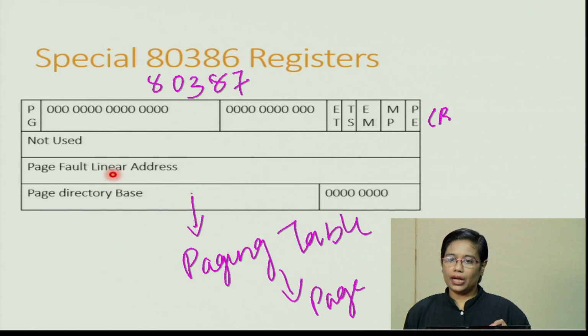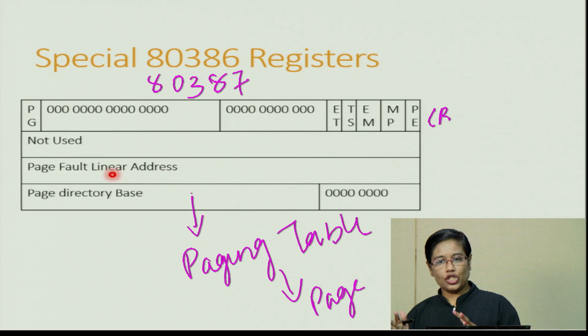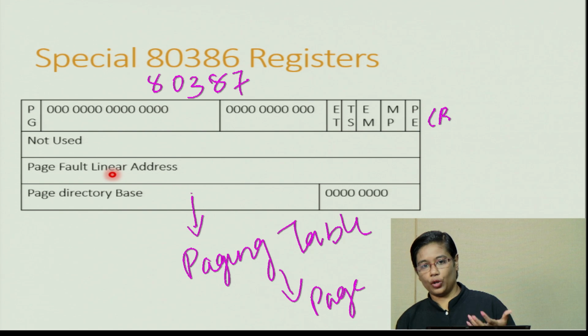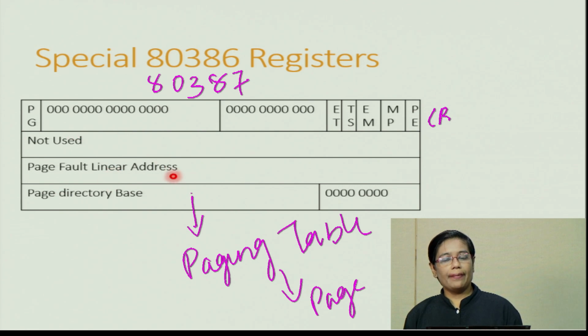I am not going to pick up this particular control register, because talking about paging faults is way beyond the scope of this course. When you do a course on advanced computer organization or computer organization, you will be able to understand the concept of paging faults. So you hold the idea of paging faults until you come to a course on computer organization.